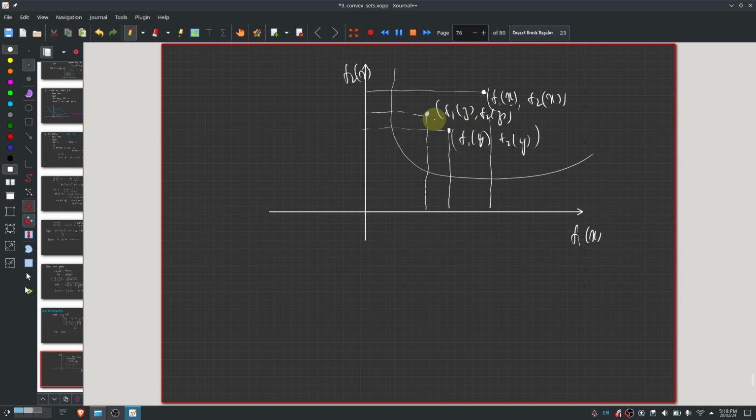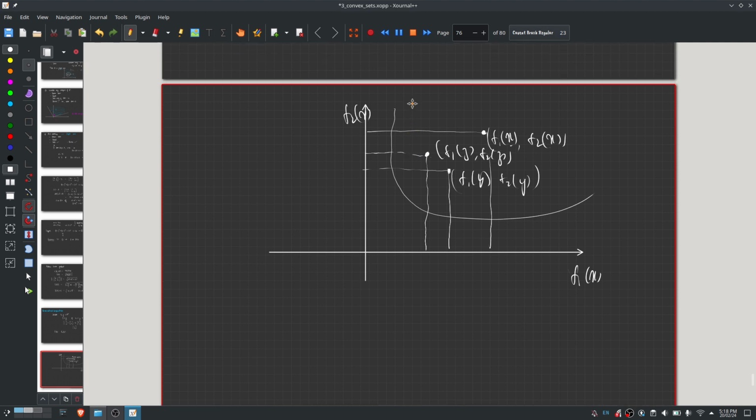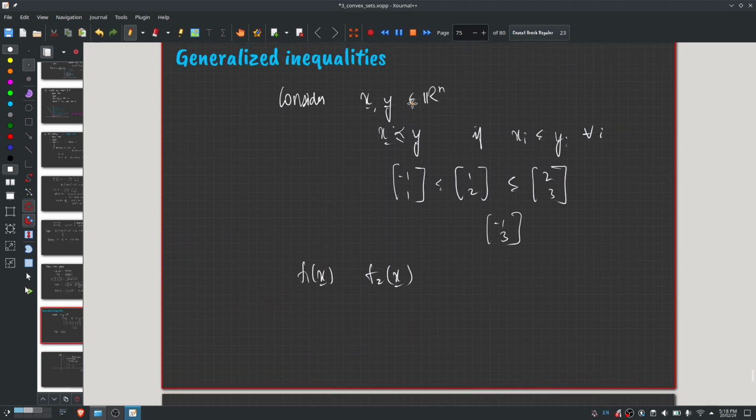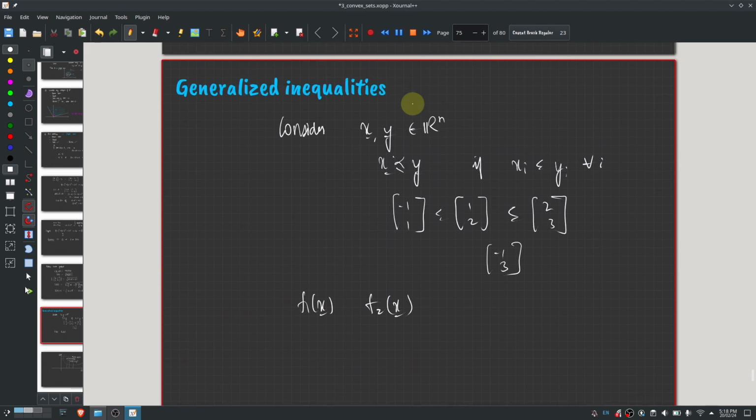So I can't really compare between these two points, but I can definitely compare between these two points. So how do I decide which points are better than other points? That's what I want to understand, and that's what generalized inequalities help us with, particularly when you have multivariable or multi-objective optimization problems. That's one class of problems where generalized inequalities come from.